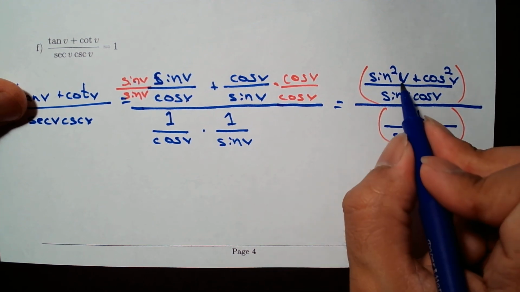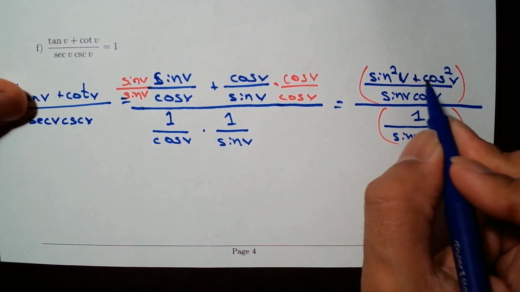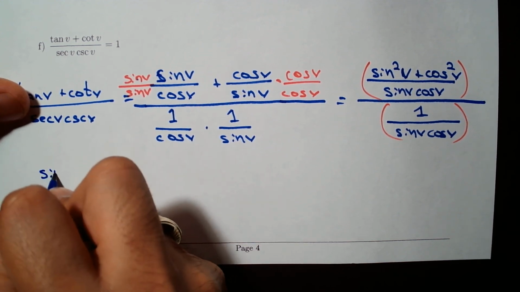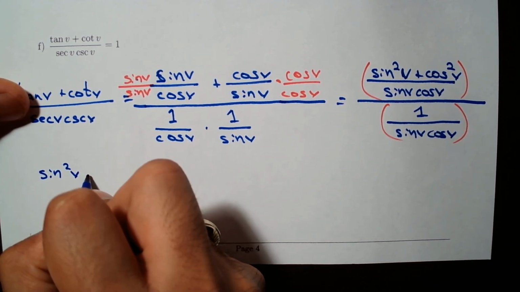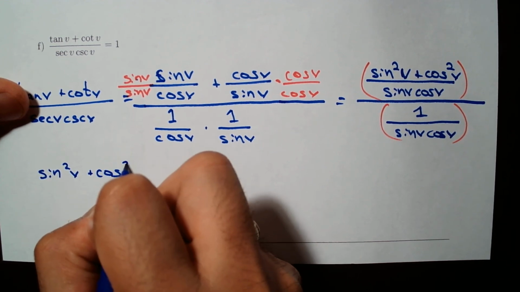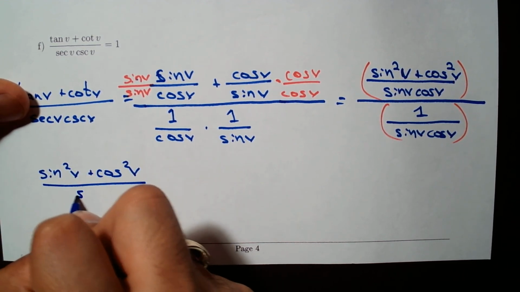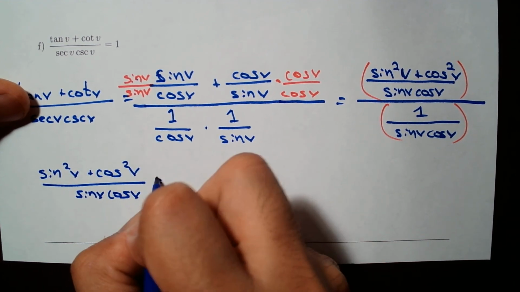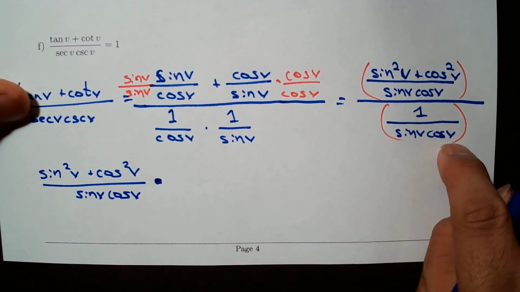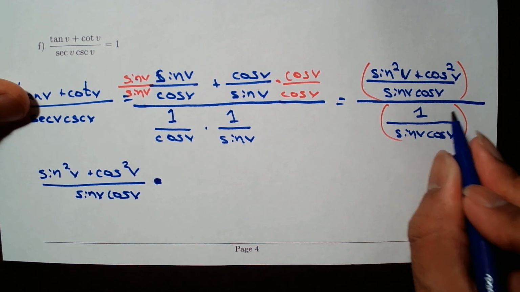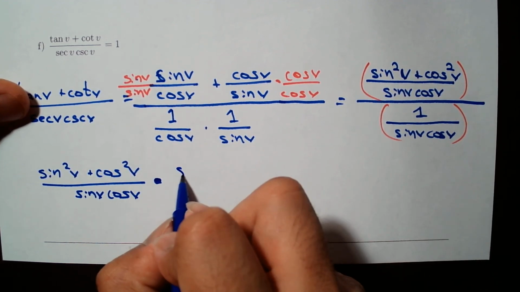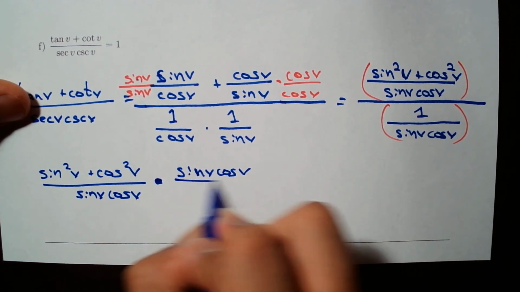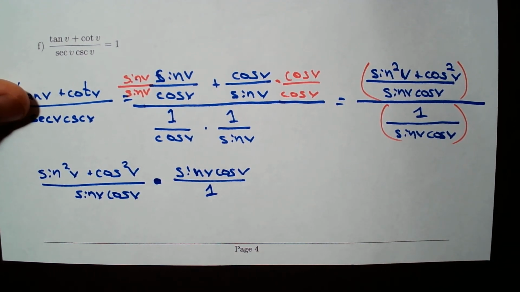So in this case, I know this is 1, but I'm going to keep it for a second. Sine squared theta plus cosine squared theta over sine theta cosine theta, times the reciprocal of this. The reciprocal of 1 over sine theta cosine theta is sine theta cosine theta over 1.